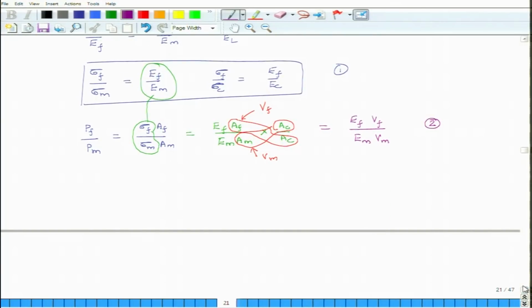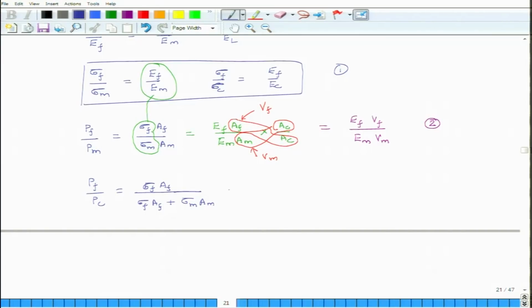And then let us see what is PF over PC. So, PF over PC is equal to sigma f AF over PC, and PC is the load borne by the composite, and that is sigma f AF, the load borne by fiber, plus the load by matrix.